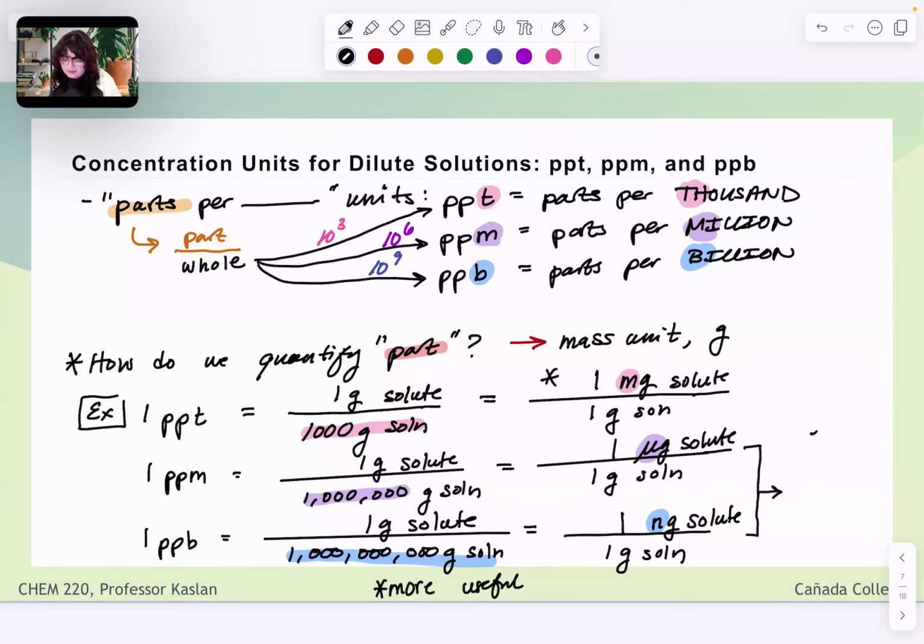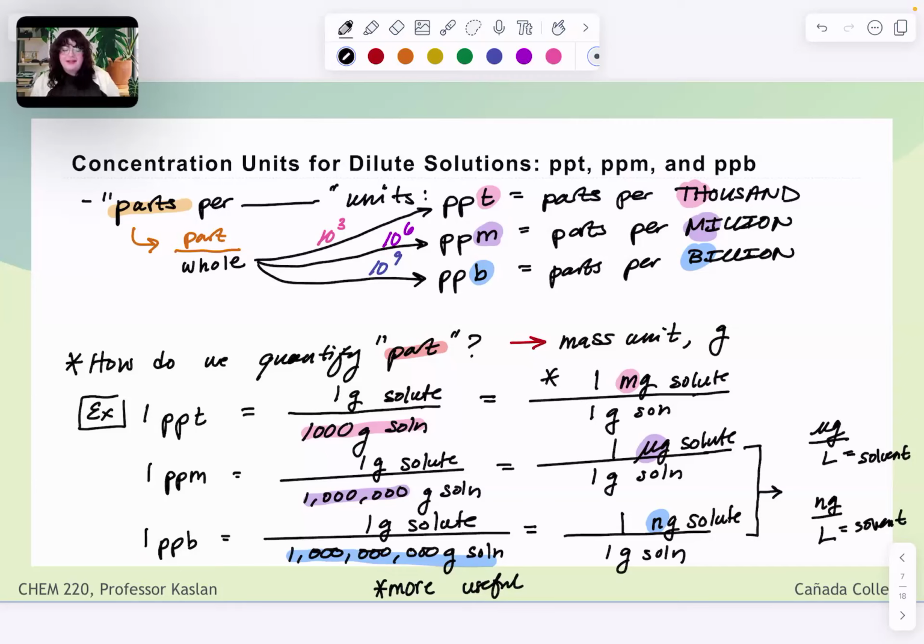So you might see microgram per liter or nanogram per liter when using these incredibly dilute concentrations. And it's going to be per liter of solution, but that approximates to the liter of solvent when you have such a small presence of solute.